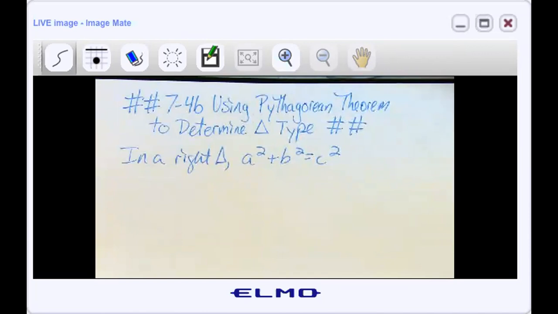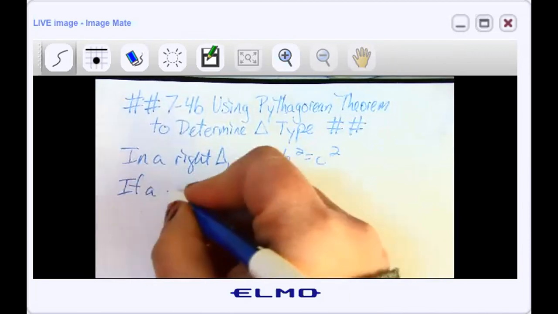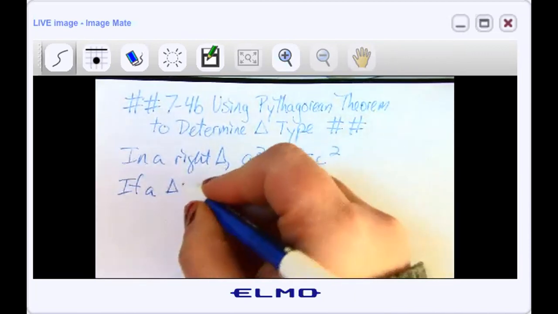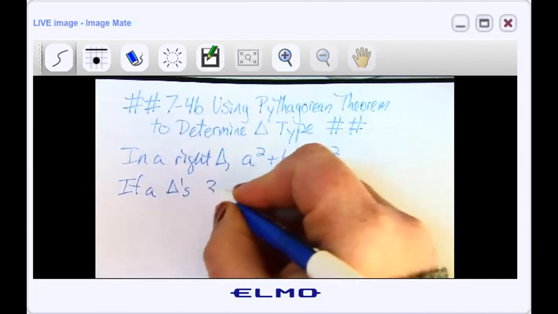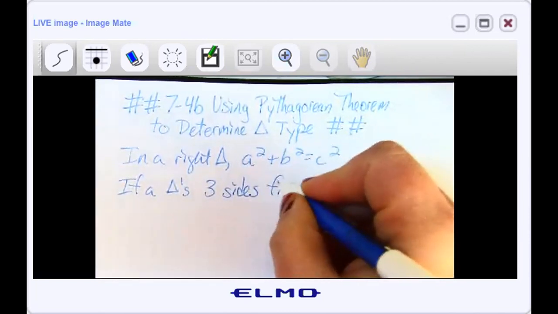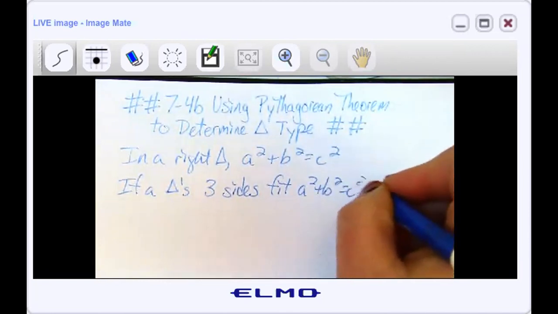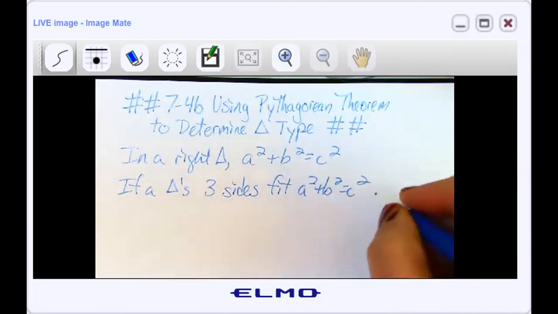Then we also did the other way around. We also learned that if a triangle's three sides fit a squared plus b squared equals c squared, then we know it's a right triangle.